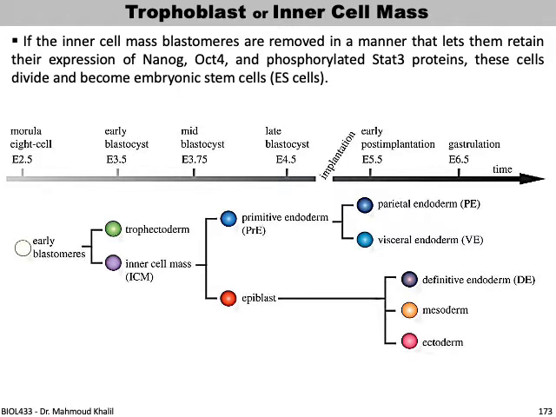Soon after that, after the process of implantation, by stage E5.5, early post-implantation, the primitive endoderm differentiates into parietal endoderm and visceral endoderm, while the epiblast, just before gastrulation, differentiates into definitive endoderm, mesoderm, and ectoderm.